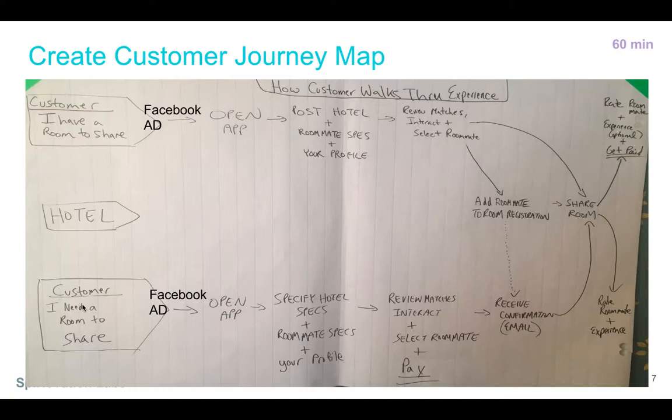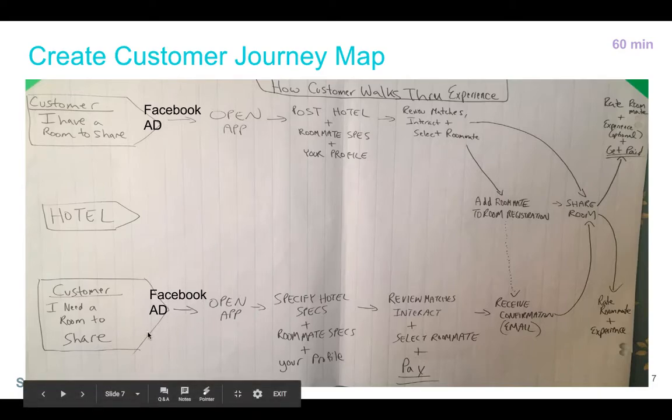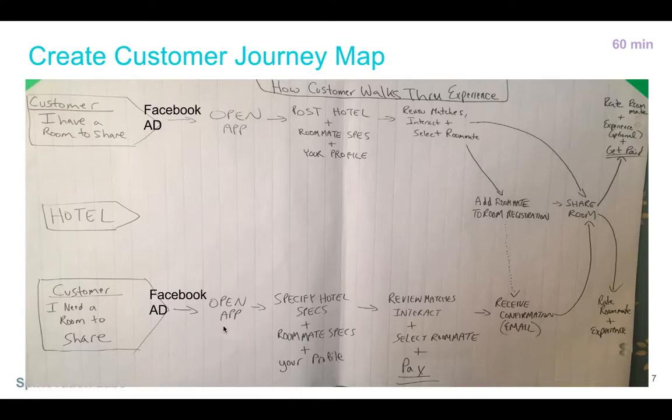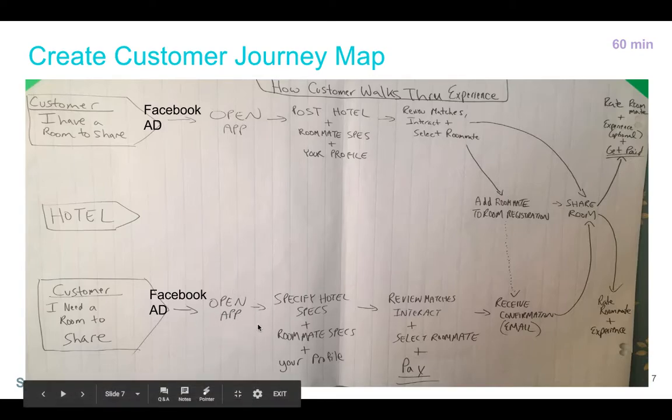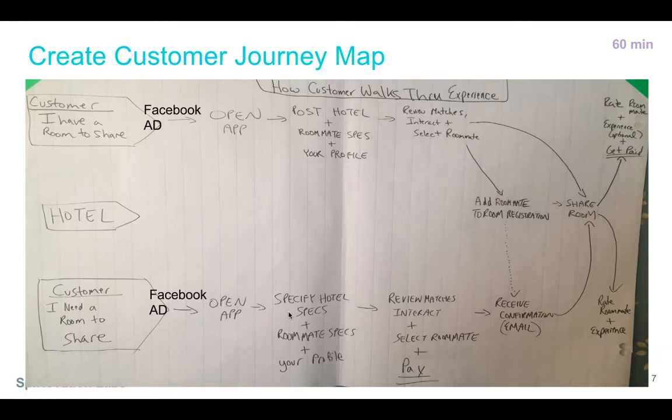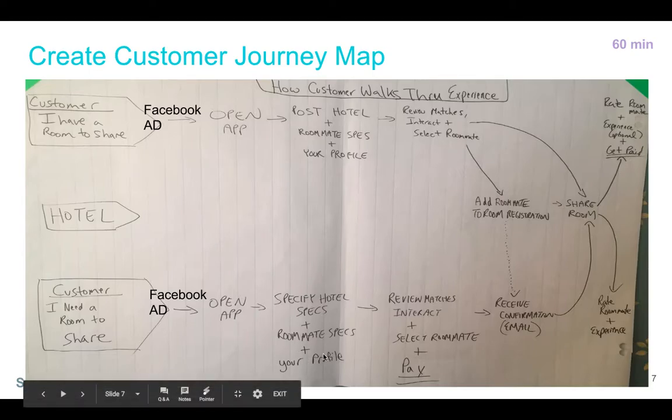In this case, we'll start with the customer that needs a room to share. How would they find out about us? Well, they would find out about us by a Facebook ad. Then they would get a link to open up the app, download and open up the app, and then they would specify hotel specs that they're looking for, roommate specs, and perhaps a little bit about their profile.